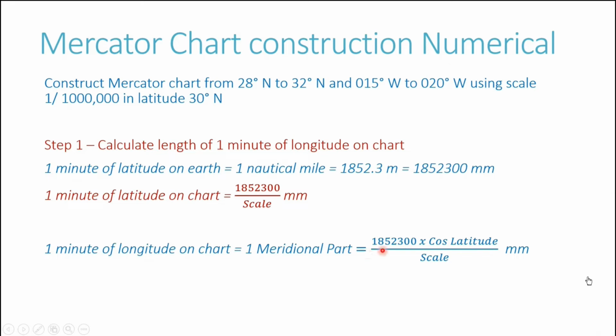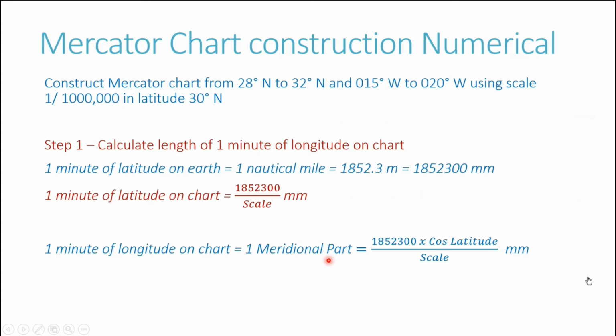So once we calculate this, we will have the length of 1 minute of longitude as well as the length of 1 meridional part. Meridional part is nothing but 1 minute of longitude. You can also understand it in this particular way. The gap or area between two meridians is divided into 60 parts.